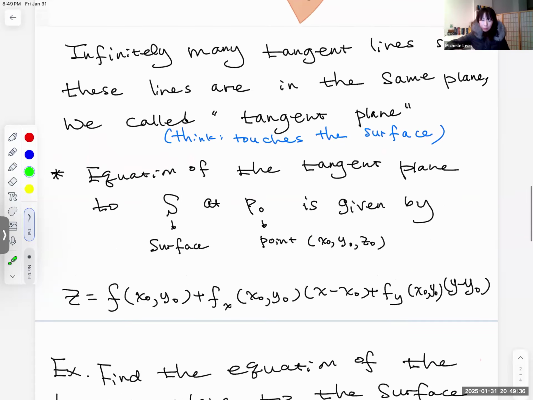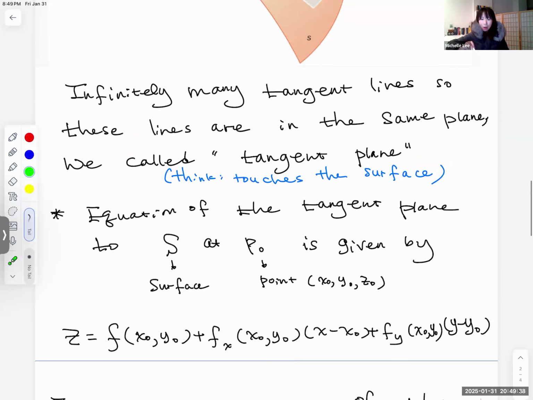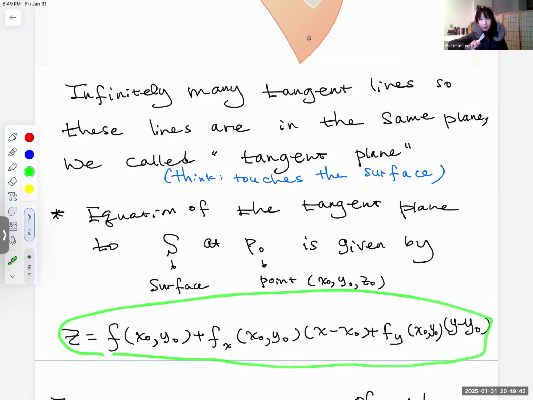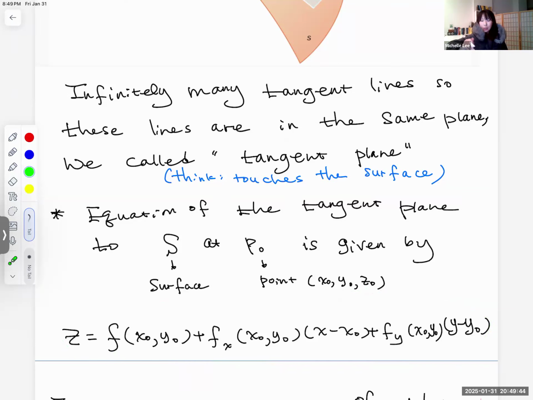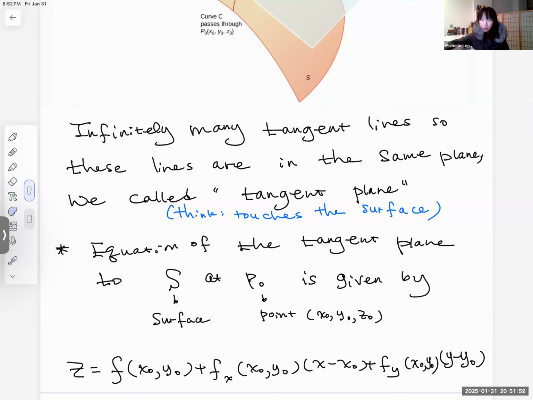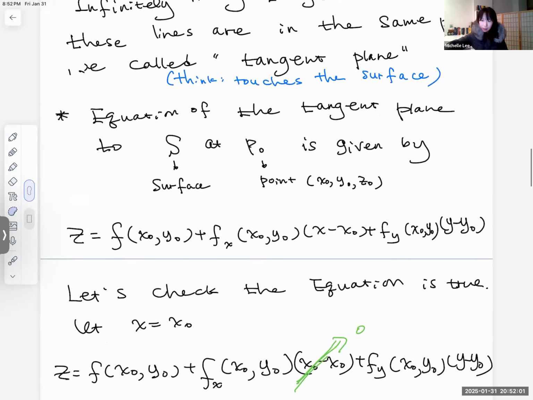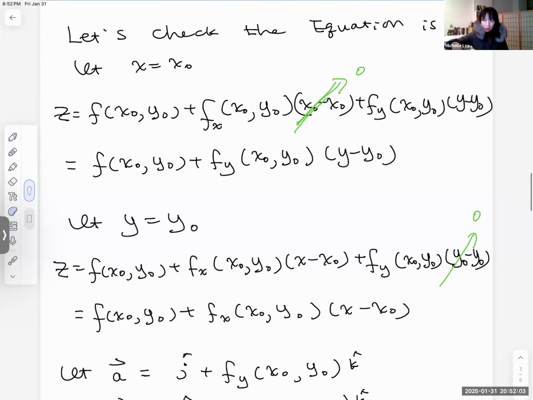I will not prove how to get this equation. I can insert the proof, or you can read it if you are curious about this equation, all right? Here are 2 pages about the equations.